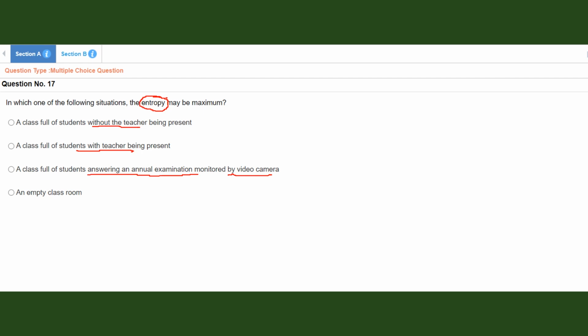And we all know, as students, a class full of students without the teacher being present is completely opposite to when the teacher is present. So all of them shouting, not in their places, is what creates so much energy in the children. So the option will be A.